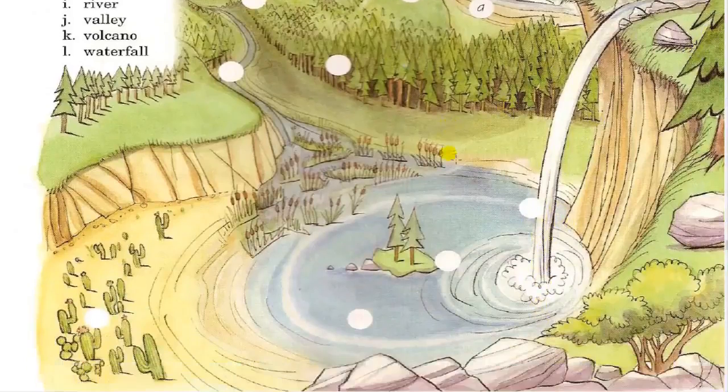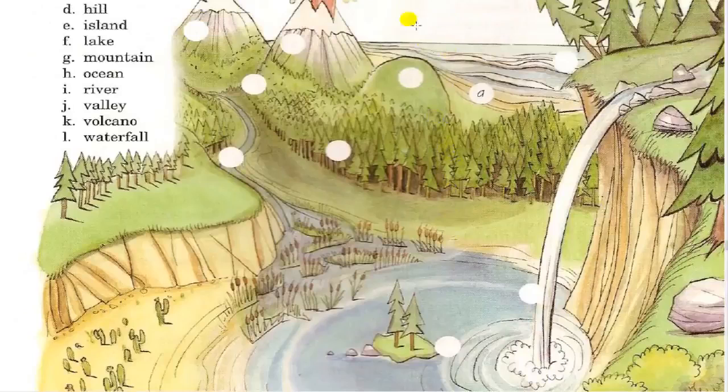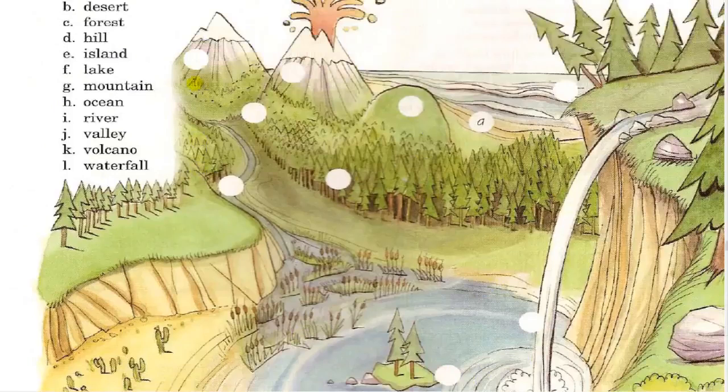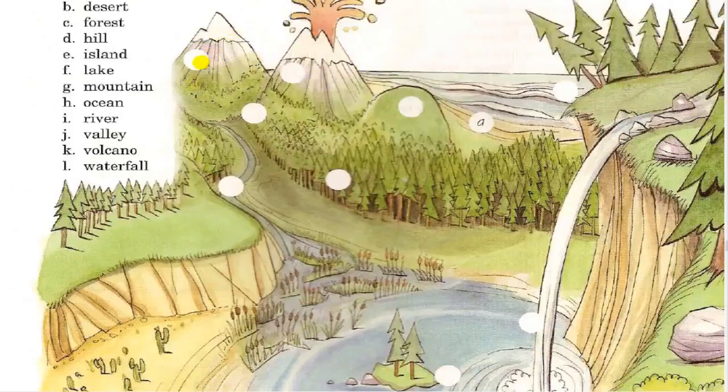Again, the answers. A, B, C, D, E, this is E, the island. F, G, mountain.